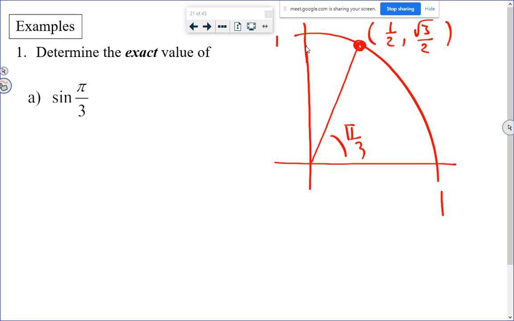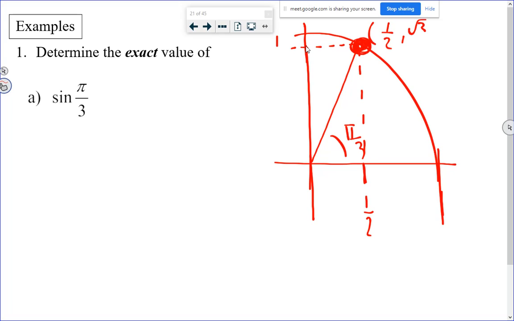I understand you can look at it, but you don't have that for an exam. So what you do instead is you say, this point is not the point where we have root 2 over 2 and root 2 over 2. It's the point where we have a half and root 3 over 2. And you ask yourself, is this a half or is this a half? And this is a half. You can see it's a half because from here to here is 1.